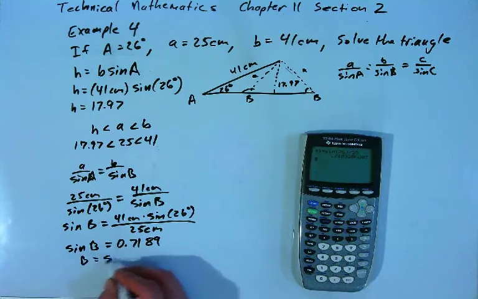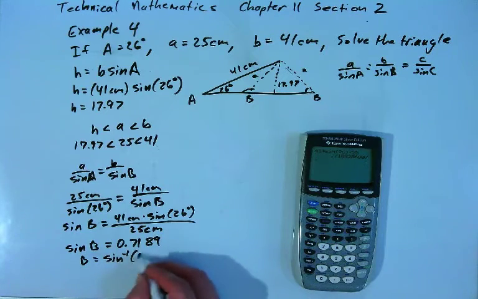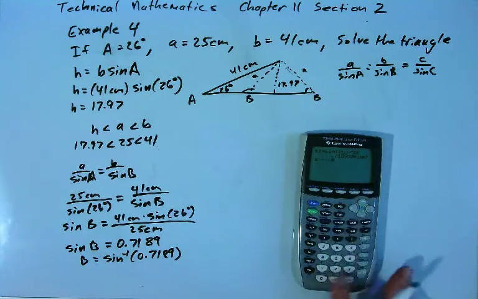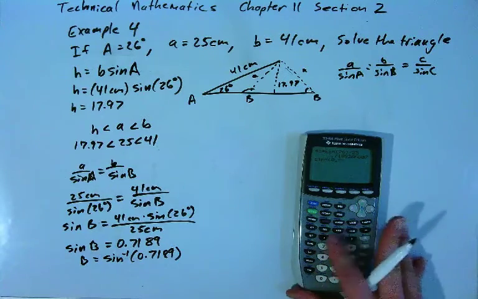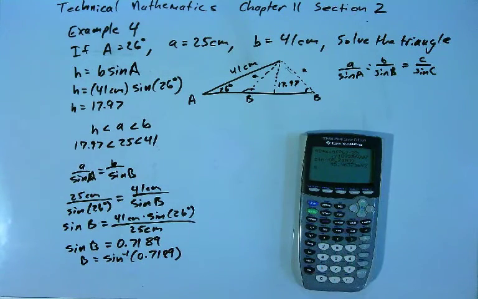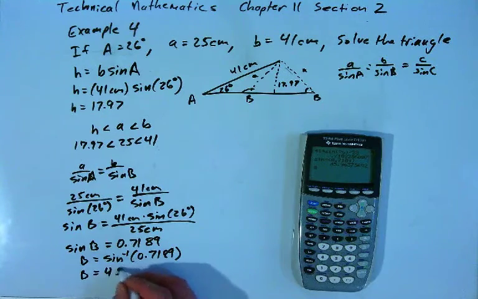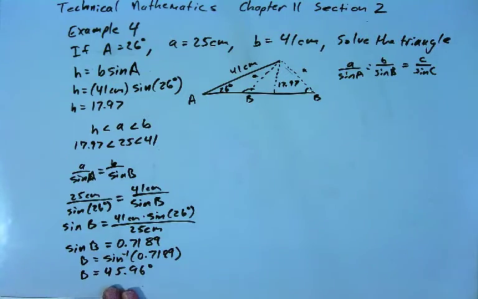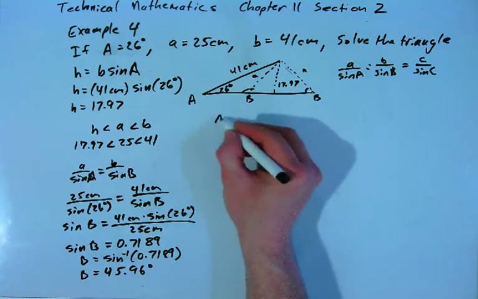And so B equals the inverse sine of 0.7189. We take the inverse sine of 0.7189, close parentheses, equals, and you get 45.96 degrees. B is 45.96 degrees.